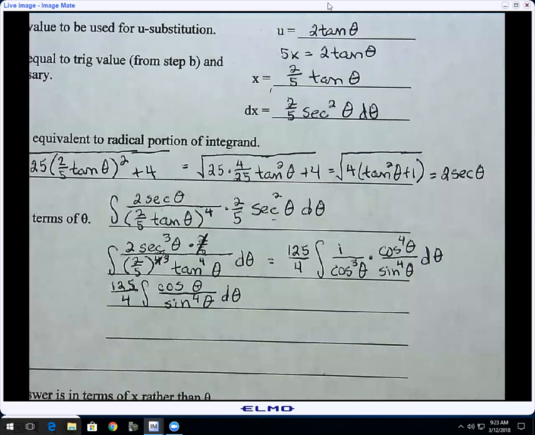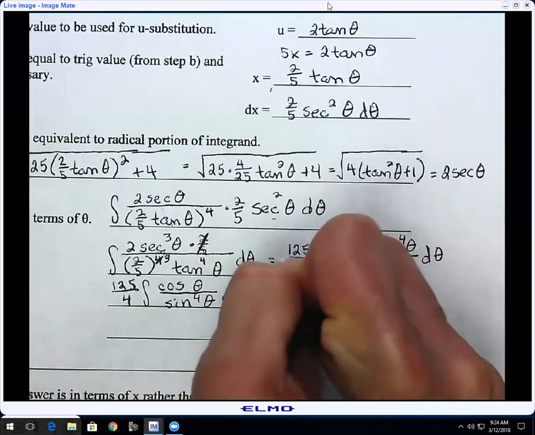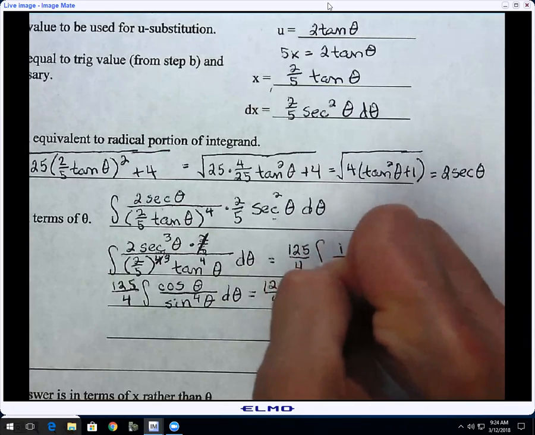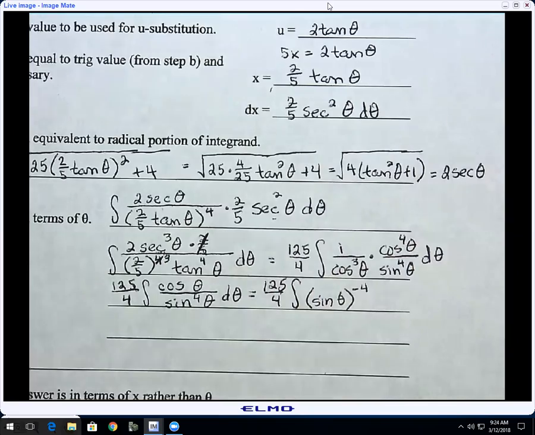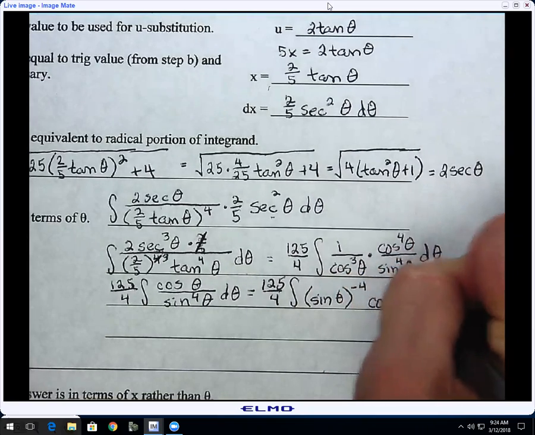And this is the derivative of ugly right beside it. And if I think of it that way, then I can use the power rule. So I'm thinking of it as sine theta to the -4 times the derivative of the ugly right beside it.